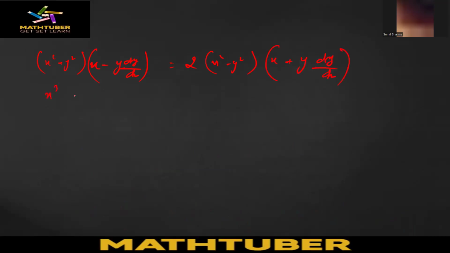So it will become x cube minus x square y dy by dx plus xy square minus y cube dy by dx is equal to 2 into x cube plus 2x square y dy by dx, plus 2xy square and minus 2y cube dy by dx.